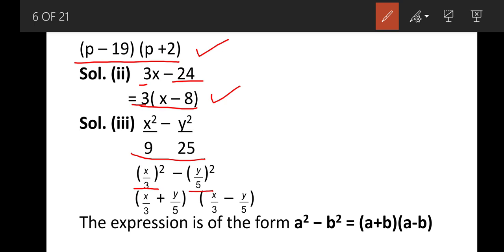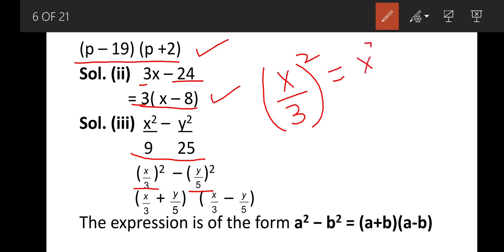This bracket indicates that I am squaring x as well as 3. If I write x over 3 in the bracket whole square, I am squaring x, that is x square, and I am squaring 3, that is 9. This is similar to what is given to us in the question.